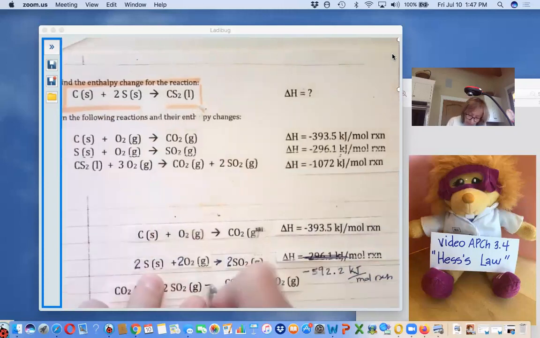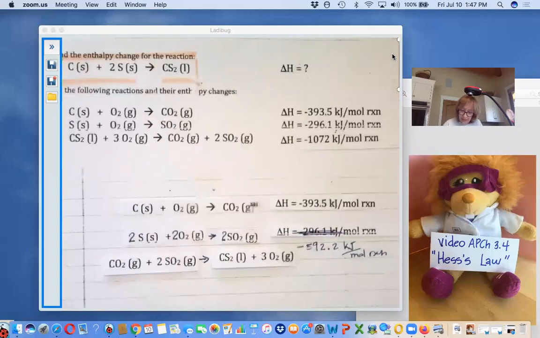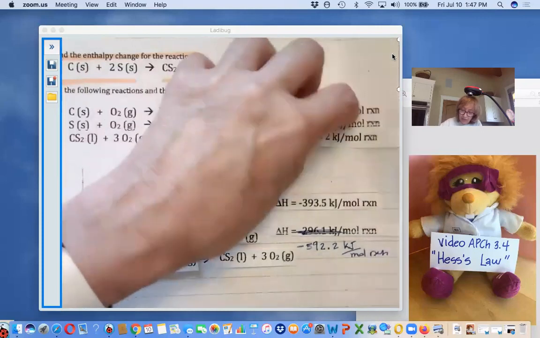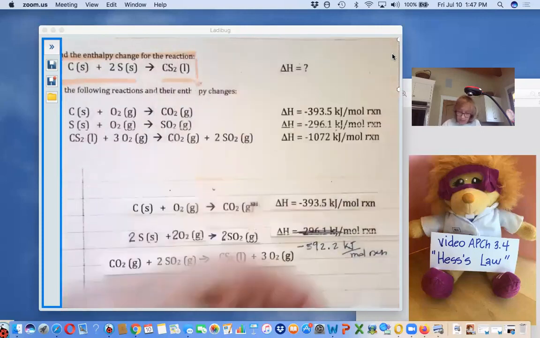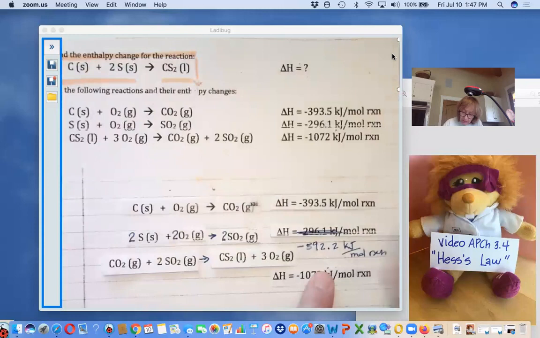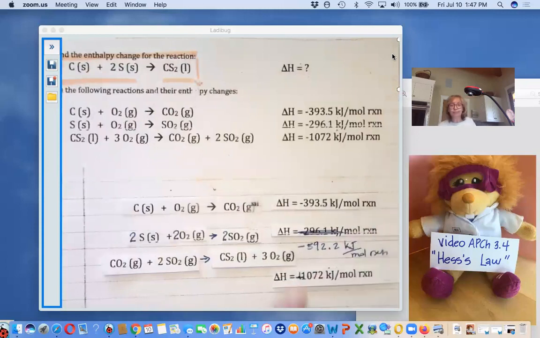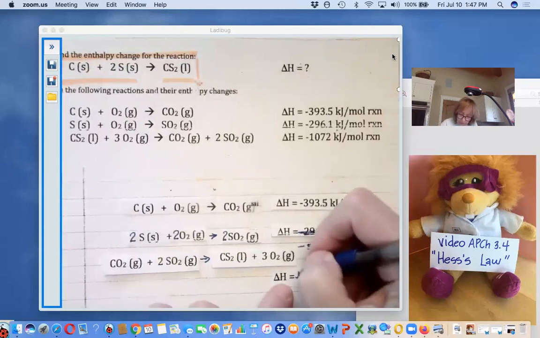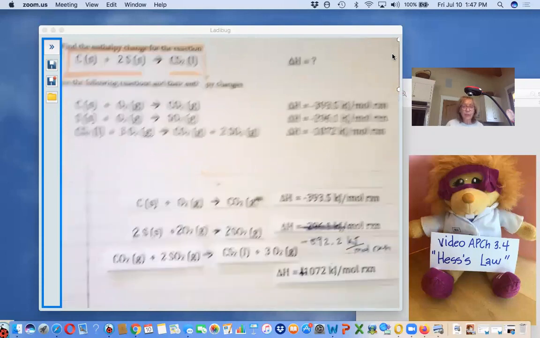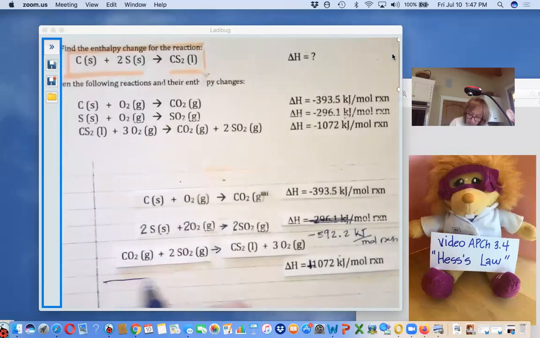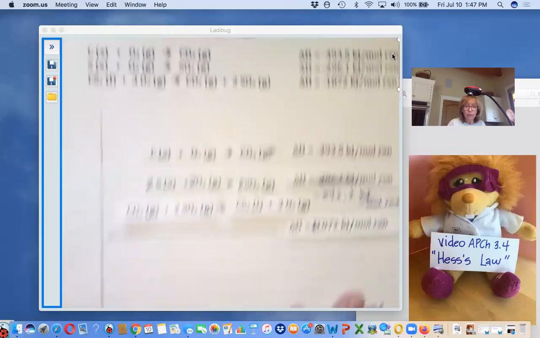And when I flip an equation around like that, I take the delta H value and change its sign. That's kind of sloppy. Okay, now let's see what happens when we add these 3 equations together.